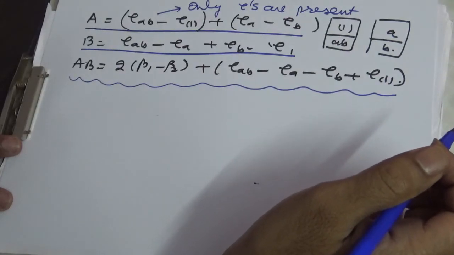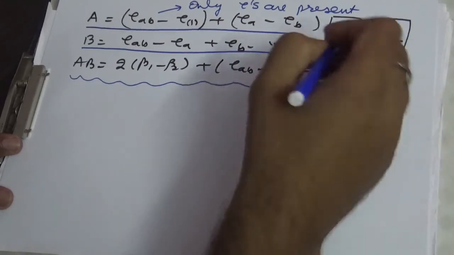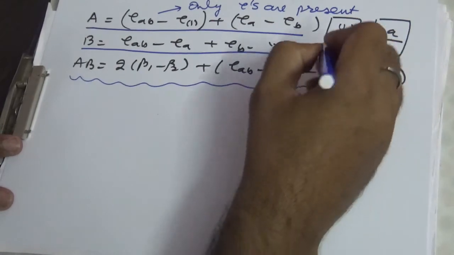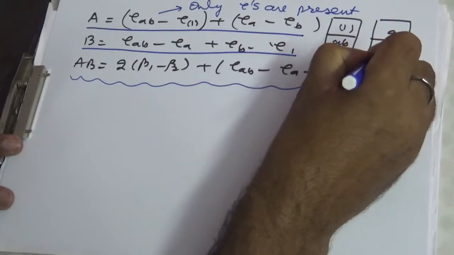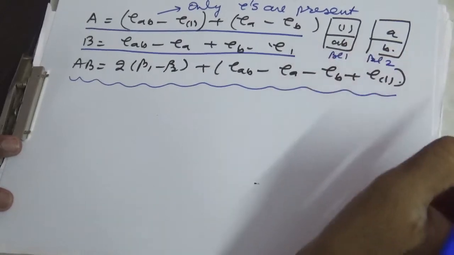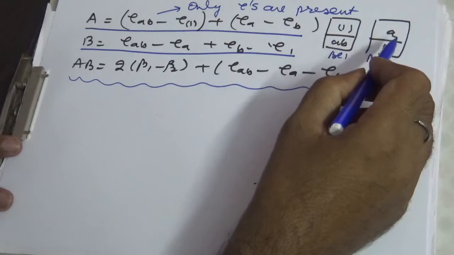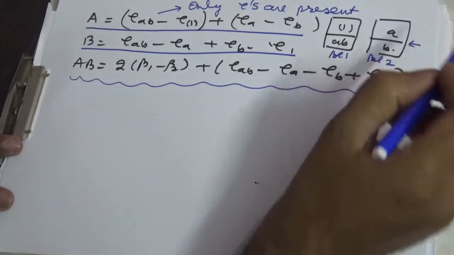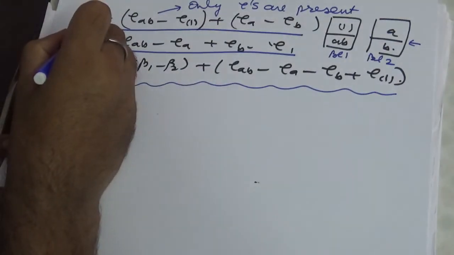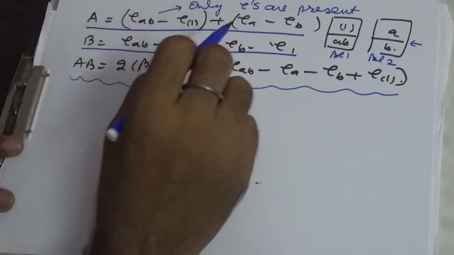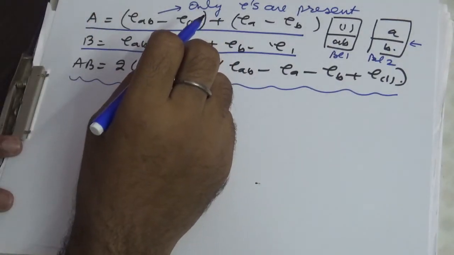So now what will happen? Once you have chosen your treatment combinations which are assigned in block number 1 and block number 2 in this way, such that 1 and AB are assigned to one block and A and B are assigned to another block, then when you are trying to estimate A and B, these are functions of only tau 1, tau A, tau B and tau AB.